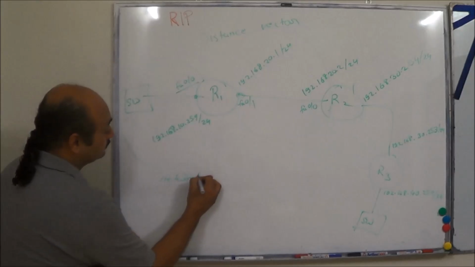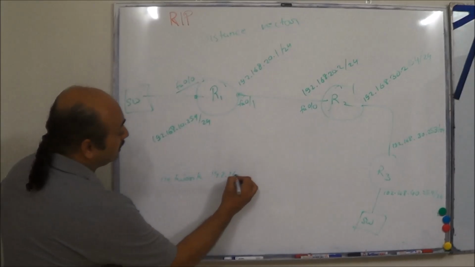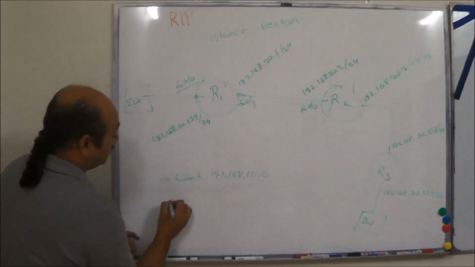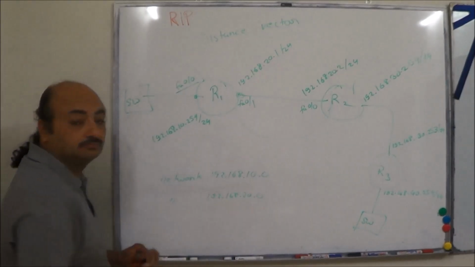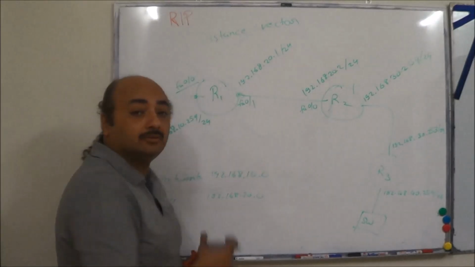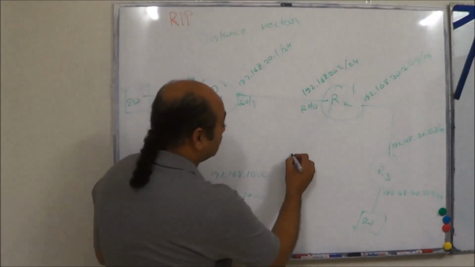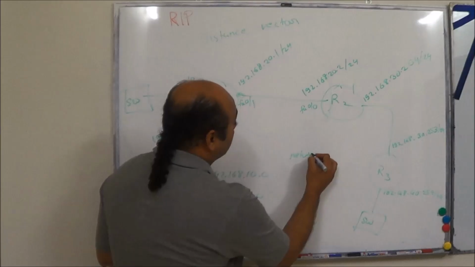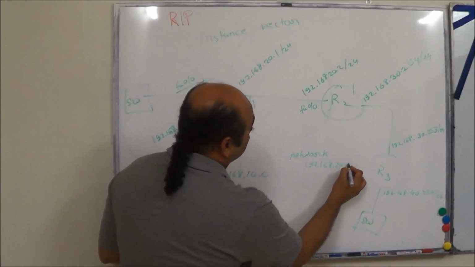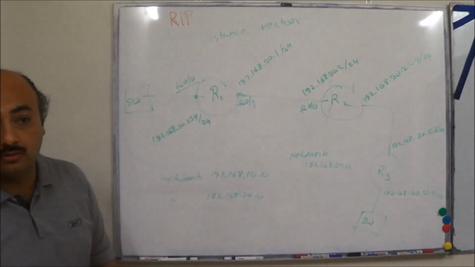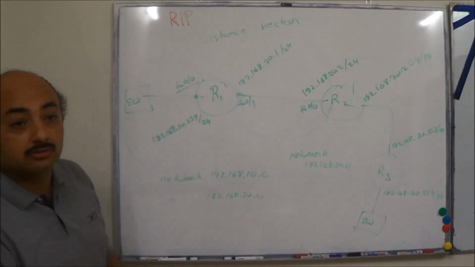Network 192.168.10.0. Network 192.168.20.0. Fine. Will R2 receive them? No. Okay. On R2, what will happen now?